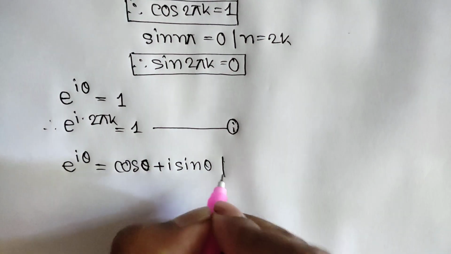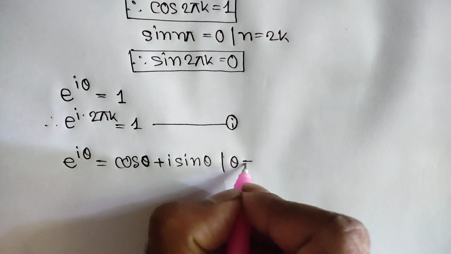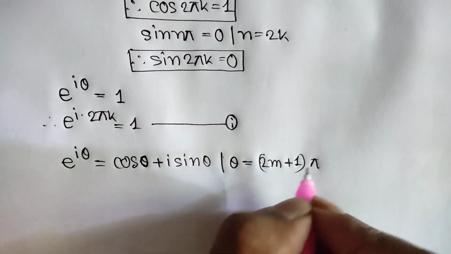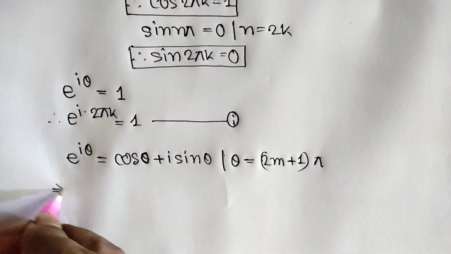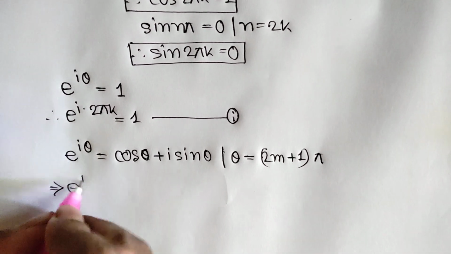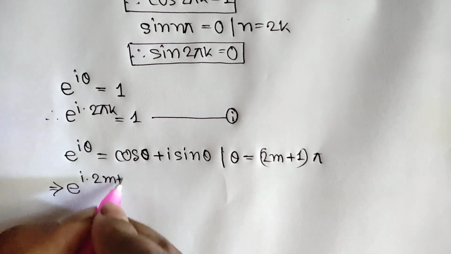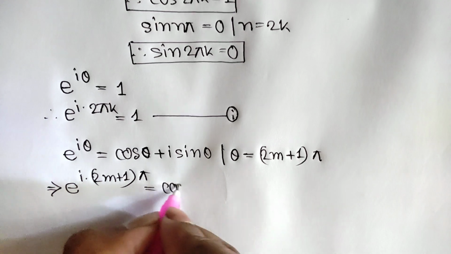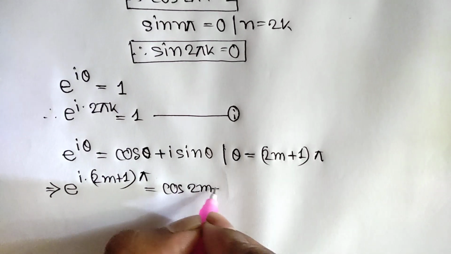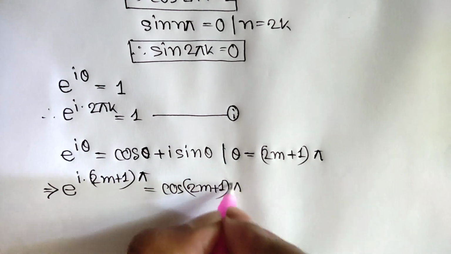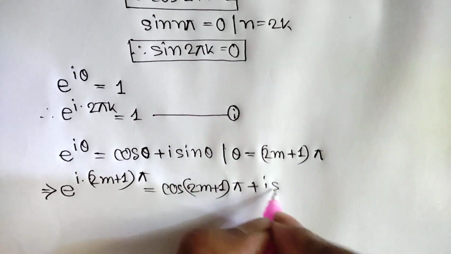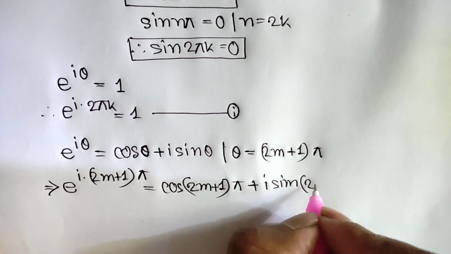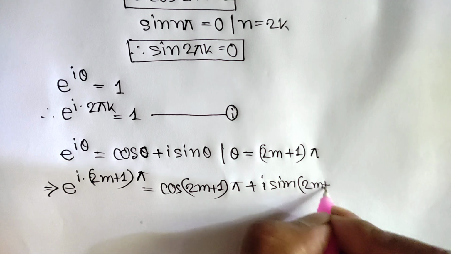Now substituting the value of theta is equal to (2m plus 1) pi, we will get e to the power i times (2m plus 1) pi is equal to cos of (2m plus 1) pi plus i sin of (2m plus 1) pi.